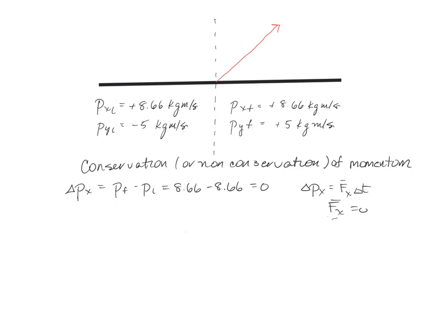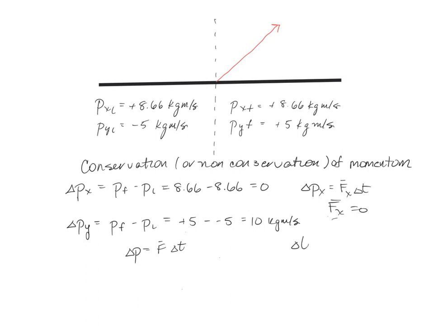Contrary, if we do conservation of momentum in the y direction, delta py is P final minus P initial, which is equal to, P final was positive 5, P initial was negative 5, so that's 5 minus minus 5, which is equal to 10 kilogram meters per second. So we do have a change in momentum in the y direction. Delta P is average force delta T. And so let's just pick a time.